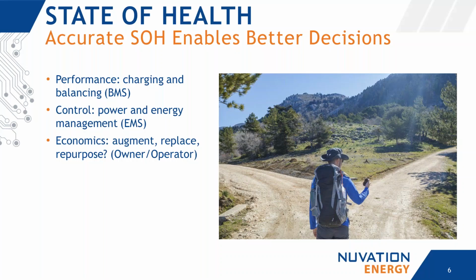The EMS actually is going to rely on some state of health, most likely coming from the BMS, to actually have a good sense of how much energy is remaining and how it should divert the power flows around. So going back to that demand charge management example, if we had a good sense of how much energy was really in the tank, we could make intelligent decisions about how to use it to avoid those kinds of outages.